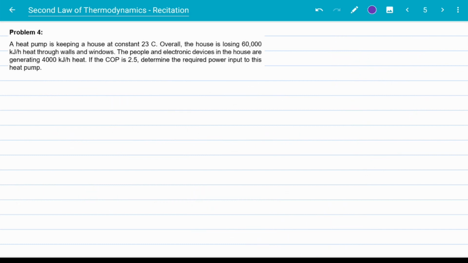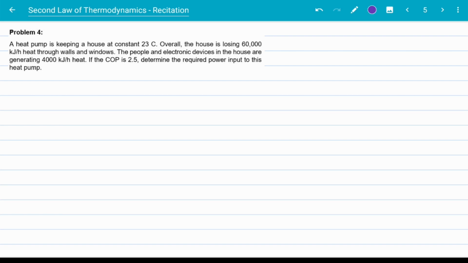Okay, problem 4. We have a heat pump, which is basically a refrigeration cycle, but the goal is different. Instead of keeping a space cool, we want to keep a space warm. So a heat pump is keeping our house at a constant 23-degree temperature.